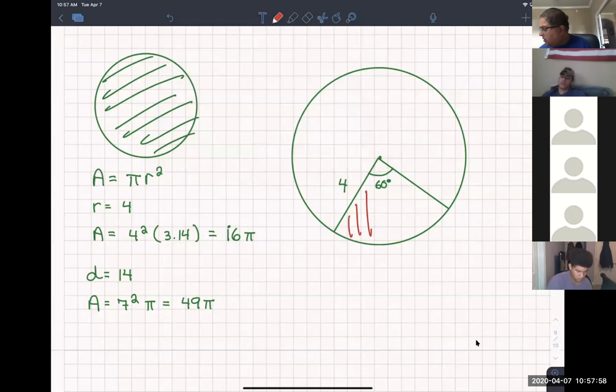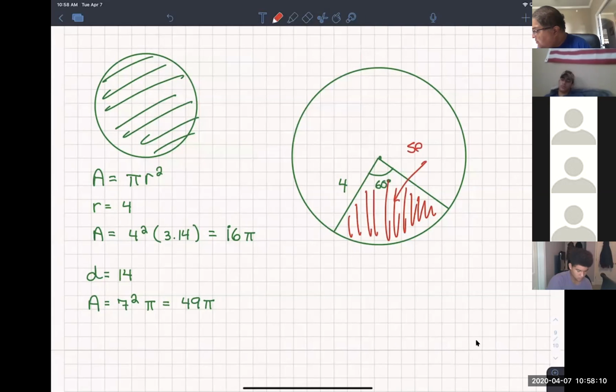We want to find this part right here. That area is known as a sector. That little piece right there, like the slice of a pizza, is known as the sector of the pizza.